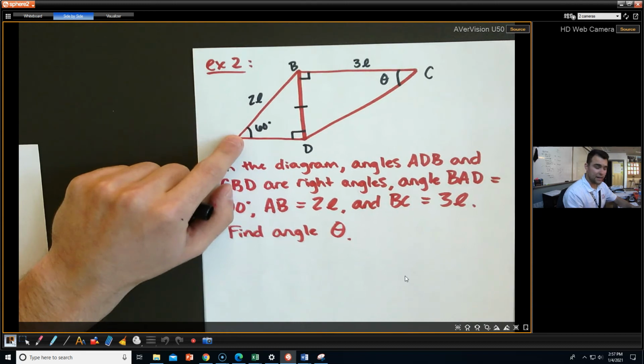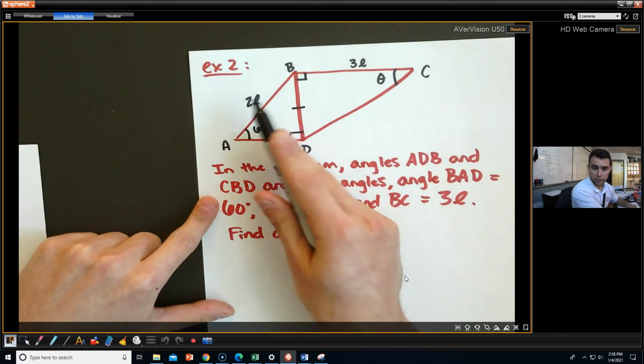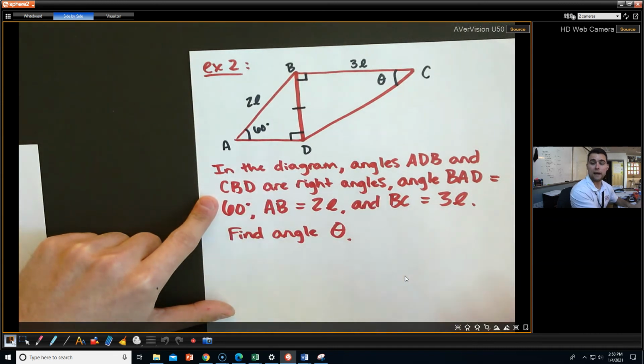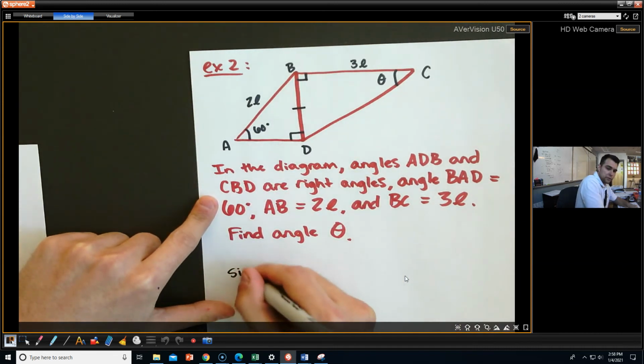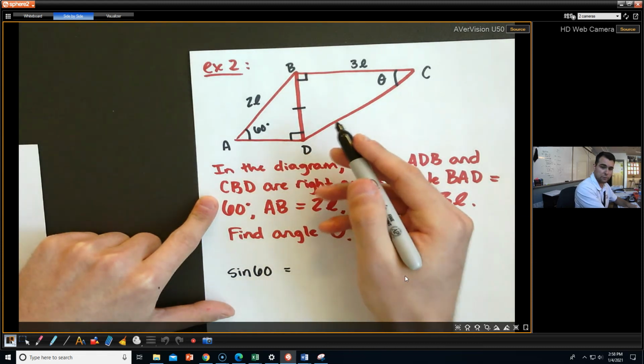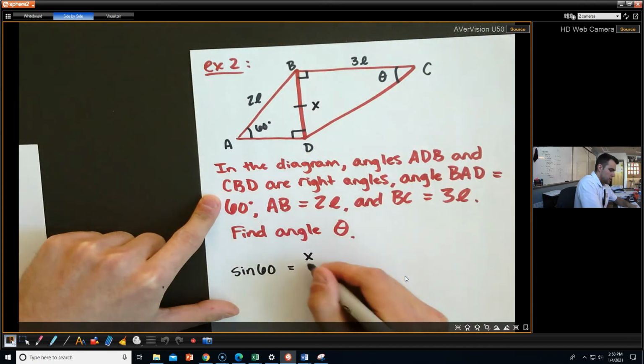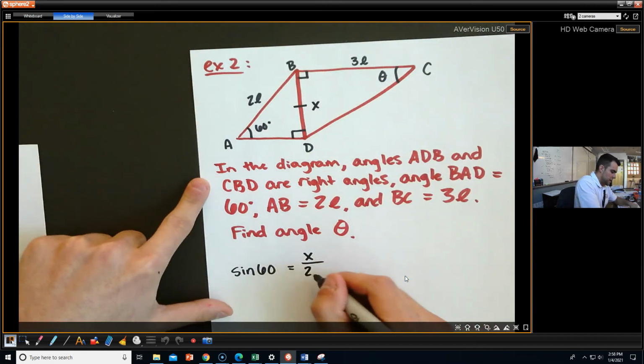It looks like if we related it with opposite over hypotenuse, we could get it, and that would be sine. So if I do sine of 60 degrees, that's going to be equal to opposite, which is just x for right now, over hypotenuse, which is 2L.